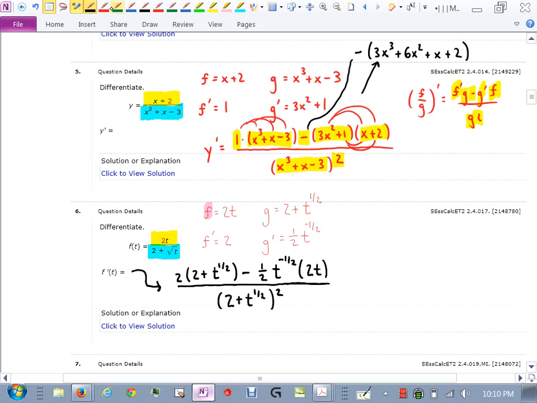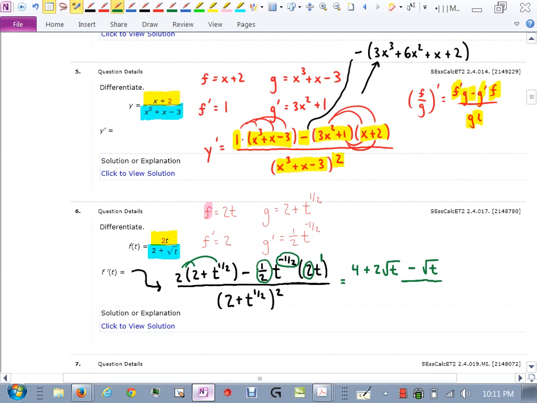All right, cleanup time. So 2 comes through, so I have 4 plus 2. I'm going to change that t to the 1/2 to square root of t. And then here, check this out. The 1/2 multiplies times a 2. That's just a 1, so it's kind of gone. And then I have this power on t, and then I have a 1 here. I add those together, I get 1/2. So I just have a minus, then just the t to the 1/2, which would be the square root of t.